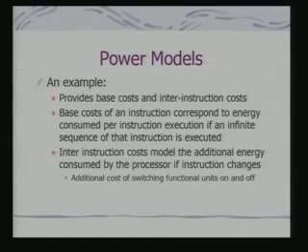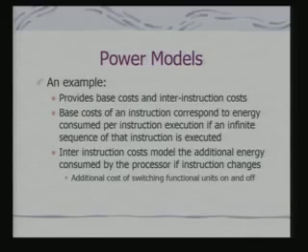That overhead of initiating the floating point functional unit should be modeled by inter-instruction costs. So typically a power model of a processor would consist of a base cost for instructions and inter-instruction costs.